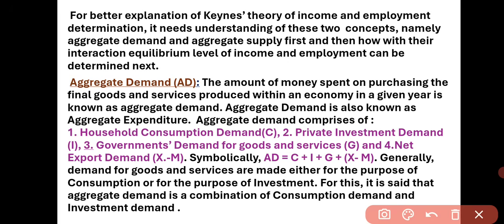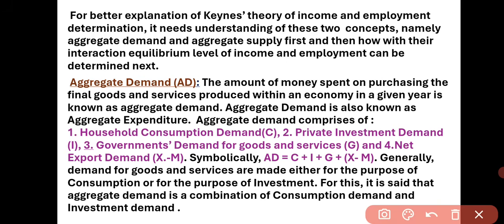So, aggregate demand means the amount of money spent on purchasing the final goods and services produced within an economy in a given year. Aggregate demand is also known as aggregate expenditure. How to measure aggregate demand? Through aggregate expenditure. What is total expenditure?